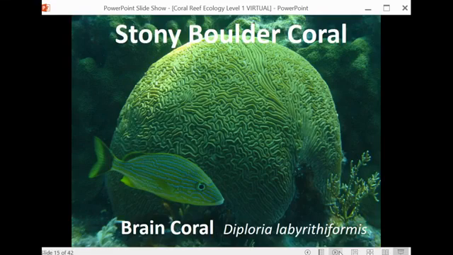Our stony boulder corals are really slow growing, but in perfect conditions, that's not really a problem because they're big boulders, so they look pretty darn hardy, okay? And they are. So if we had a big storm and waves are crashing down on this, the stony boulder corals generally hold up pretty well, okay? And brain coral, of course, is a great example of that.